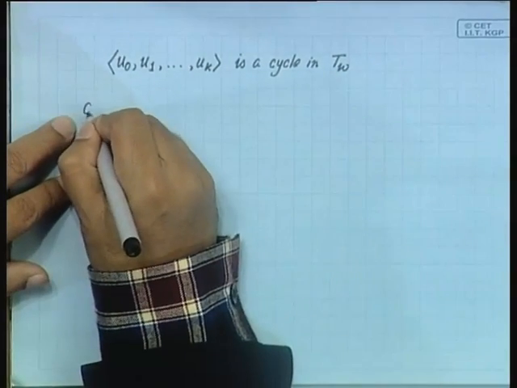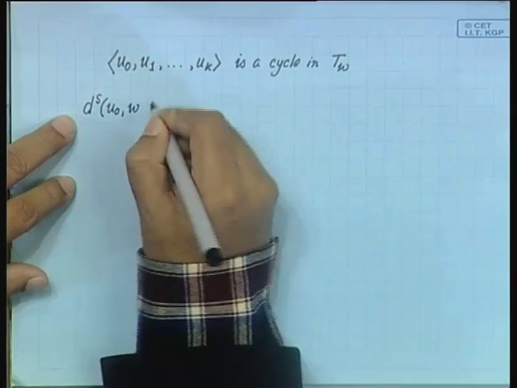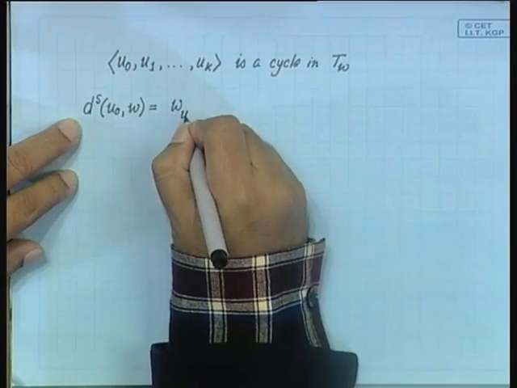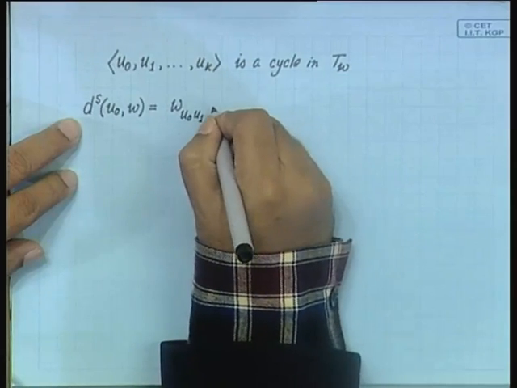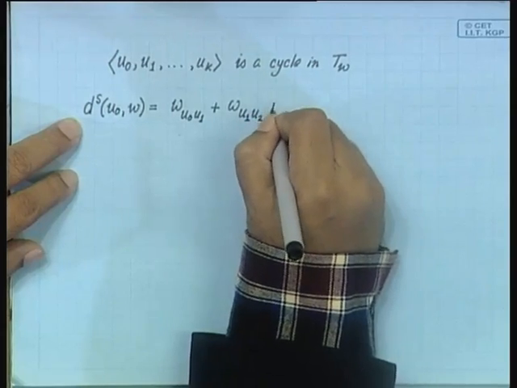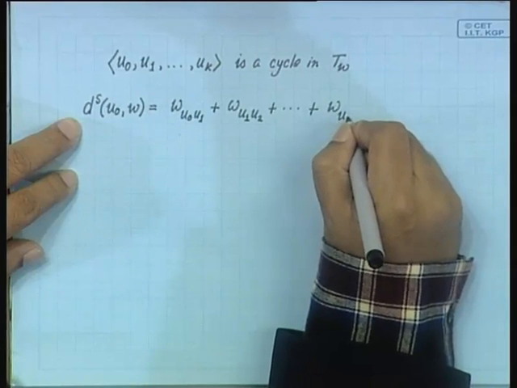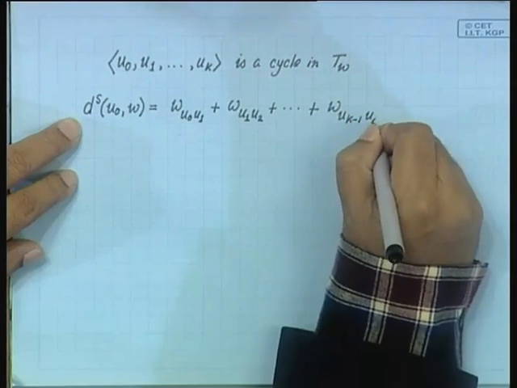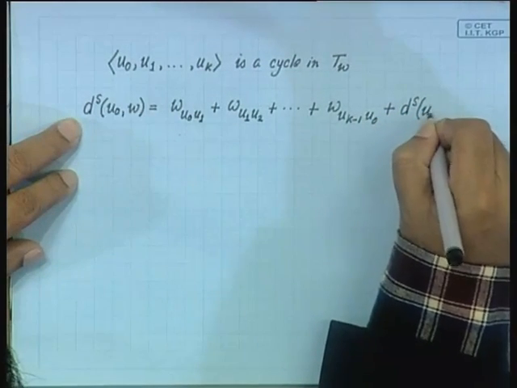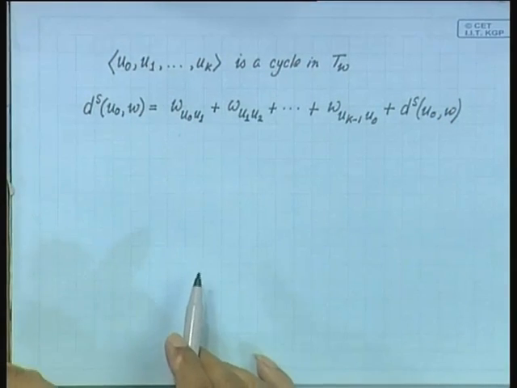then we can say that DS u0 w is the weight of the cycle plus DS u0 w.